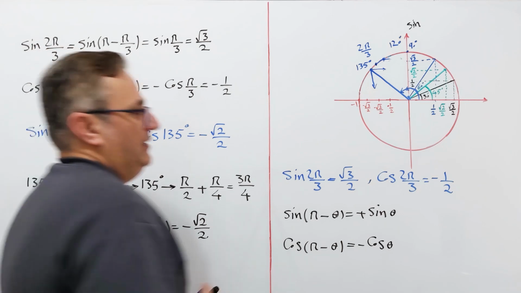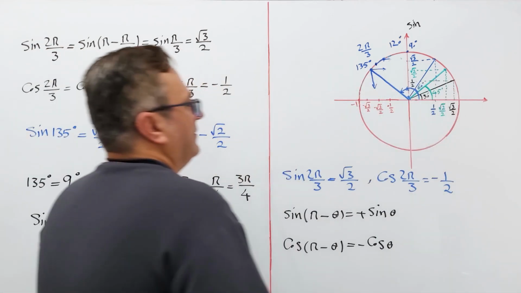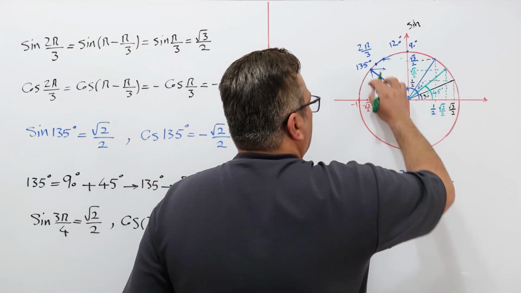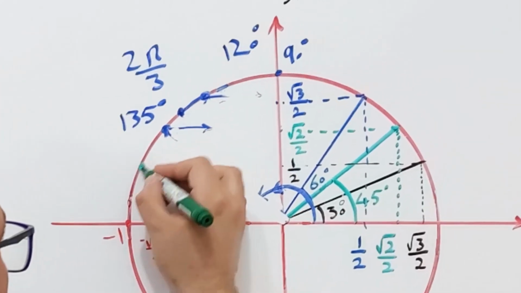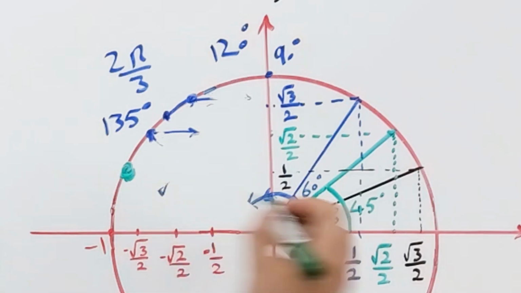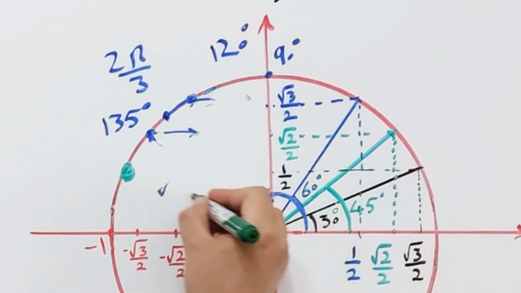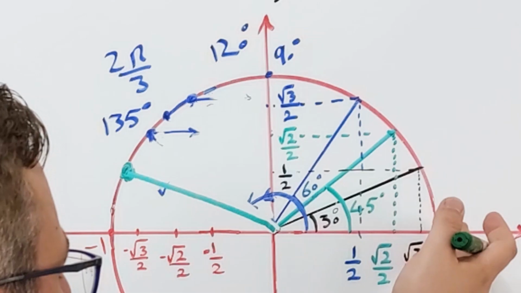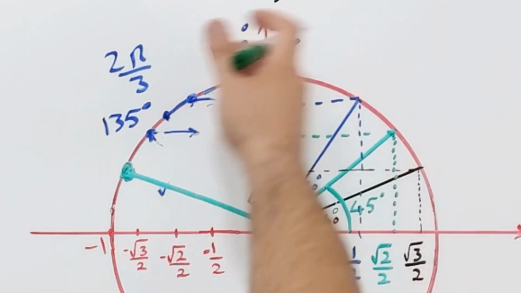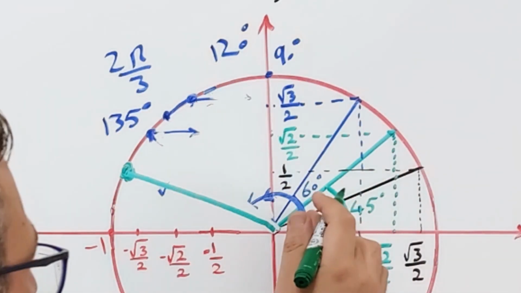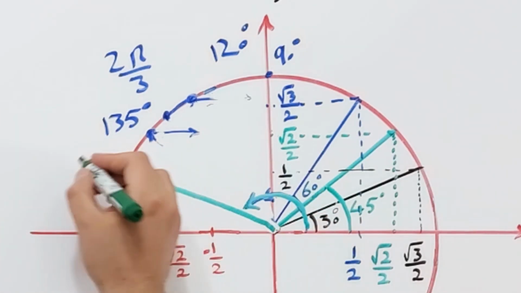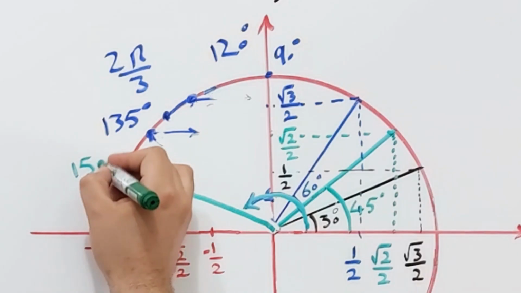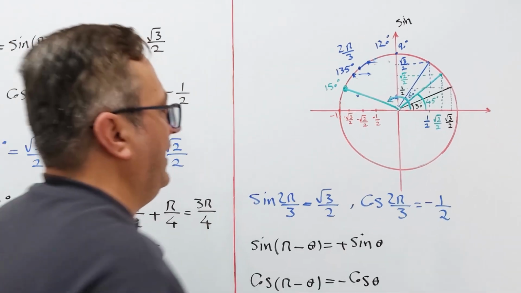And now let's move, and we reach here. Okay? And if I start from the 0 point counterclockwise, we reach here, and this angle is 150 degrees, okay?